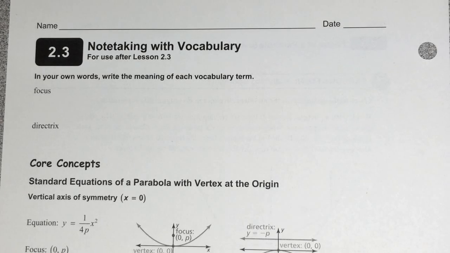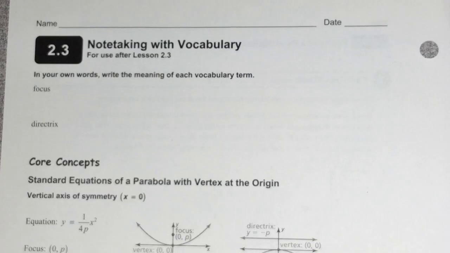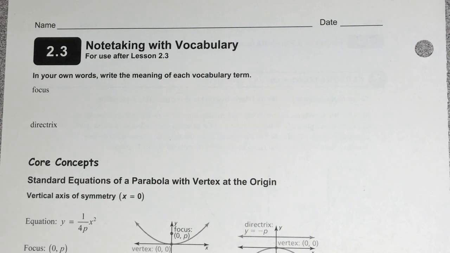Okay, so section 2.3, we're looking at how to find the focus and directrix of a parabola. This is a new set of vocabulary that we have not talked about before.